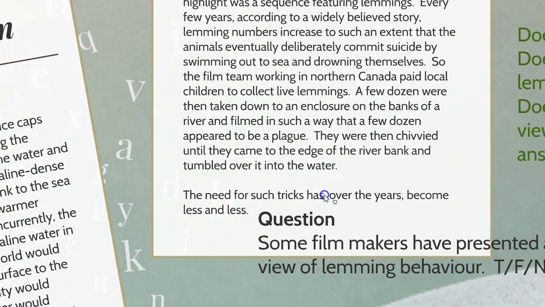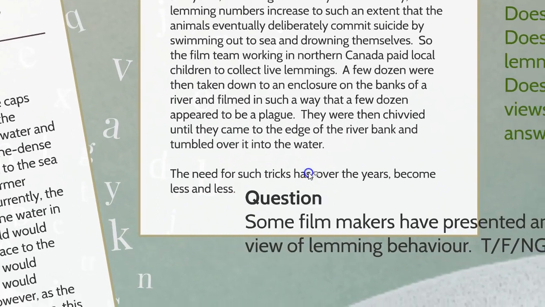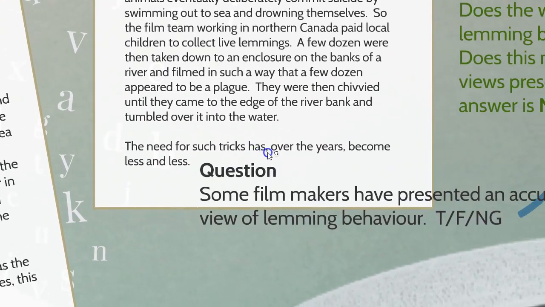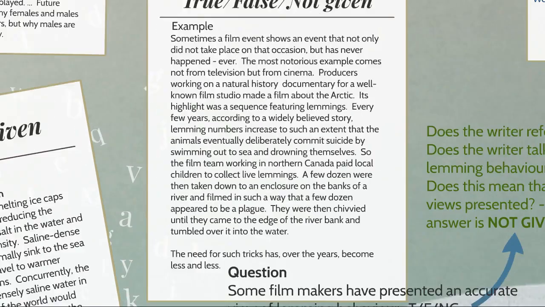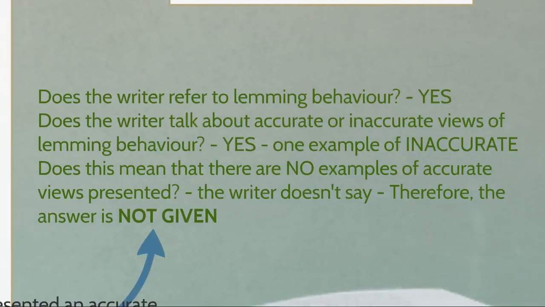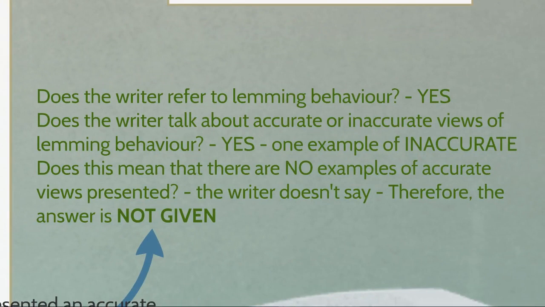Let's look at the question again. Some filmmakers have presented an accurate view of lemming behaviour. Does the writer refer to lemming behaviour? Yes. Does the writer talk about accurate or inaccurate views of lemming behaviour?